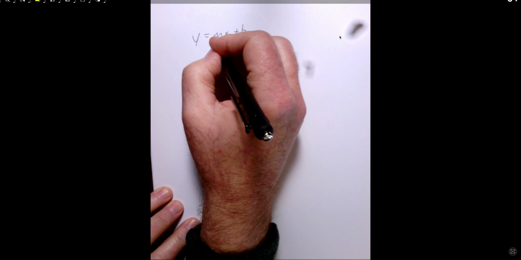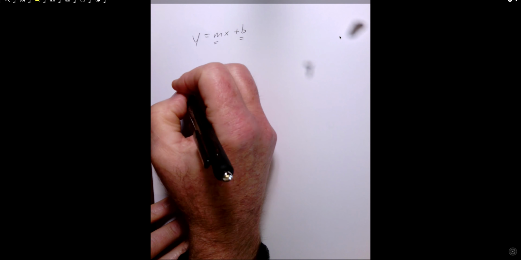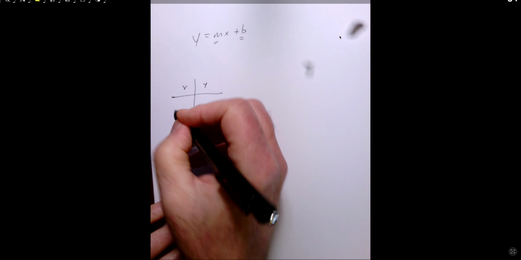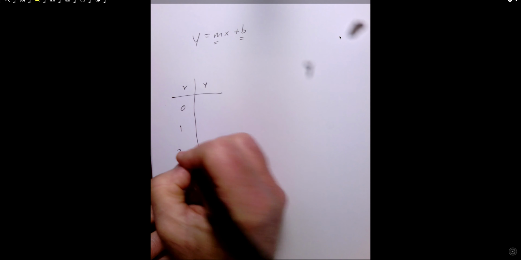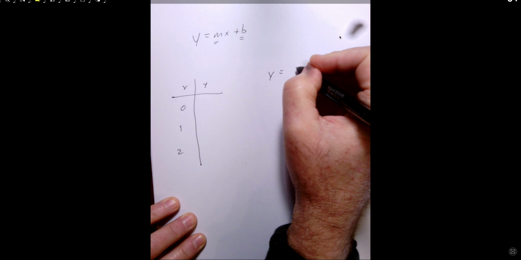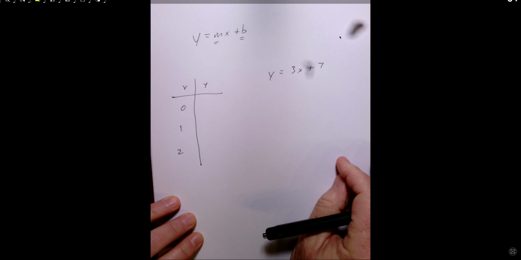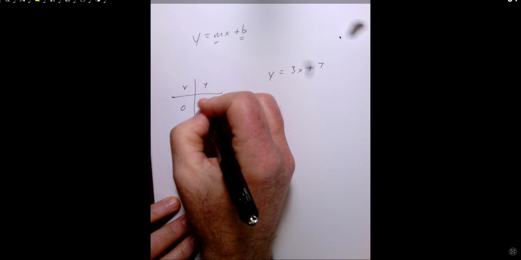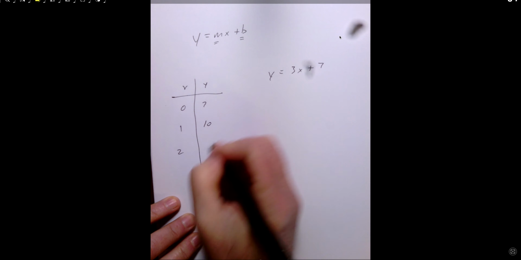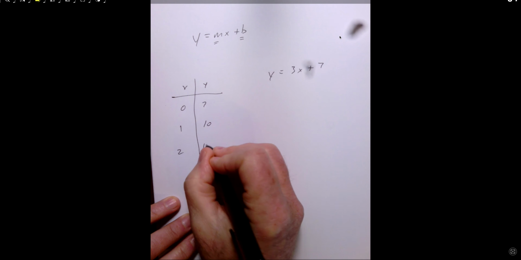What I do to try to motivate the interpretation of the m and the b, which we all know is the slope and intercept respectively, is I give one of these very meaningful tables. And I say, well, what would the table look like for y equals 3x plus 7? Well, we put 0 in there, we get 7, and we get 10, and then we put in 2 and get 13.